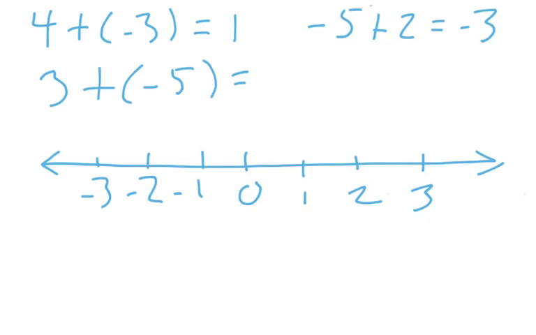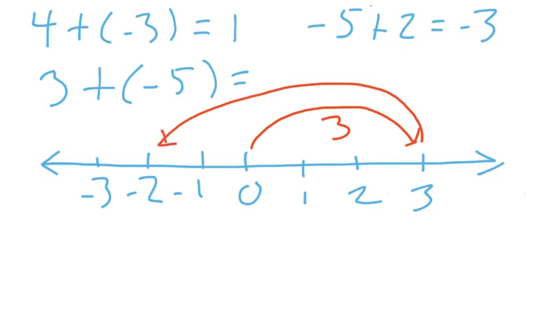3 would start at 0, and I'd draw an arrow that moves 3 units to the right. And then -5, I would start where I left off, and I'd go 5 units to the left. Where I end up would be -2. 3 plus -5 equals -2.